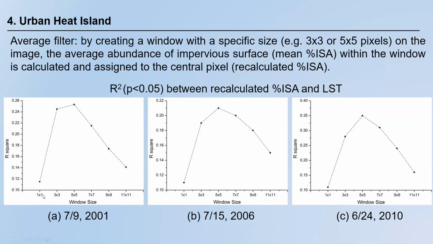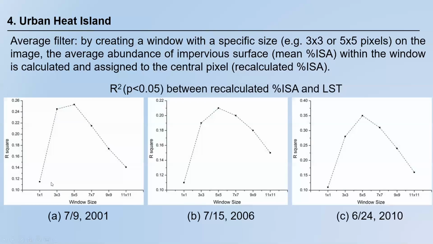So if the window is 1 by 1, you actually did nothing, right? Because if there is only 1 pixel, the mean value of this 1 pixel is still itself. So you can see here, when you apply a 3 by 3 window to the image, the correlation between percentage ISA and LST increased a lot.